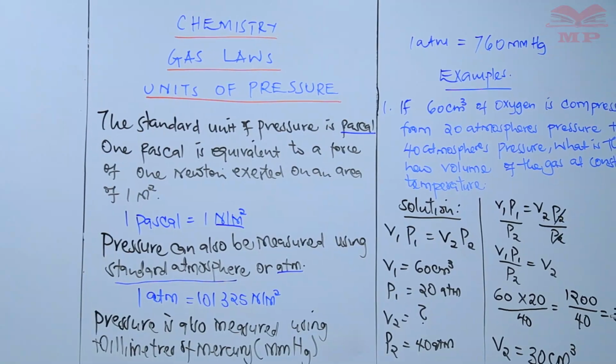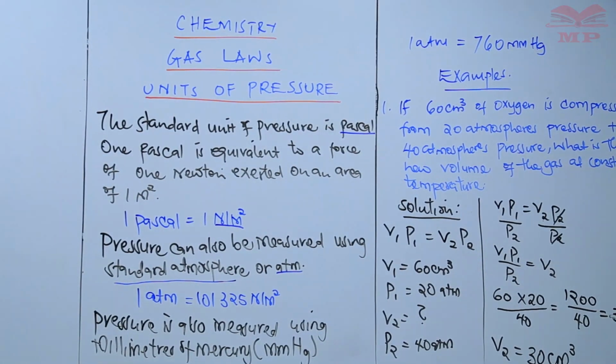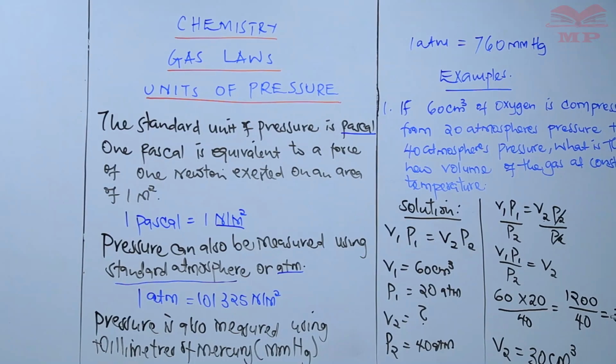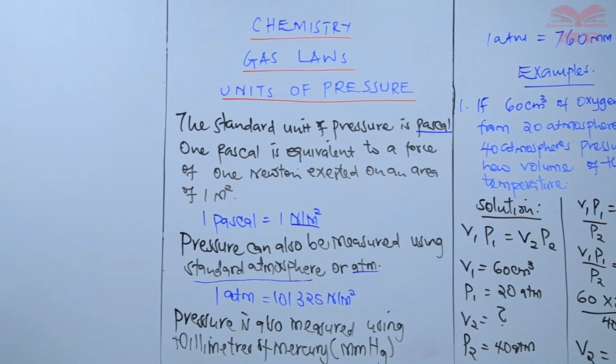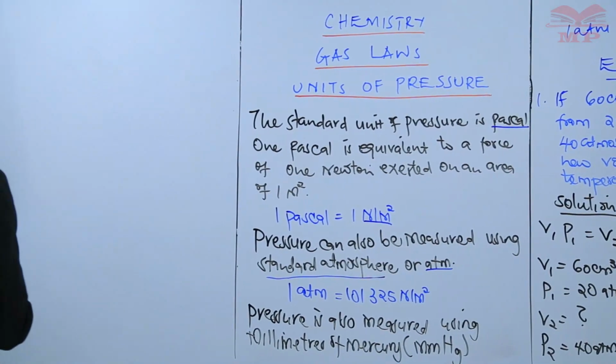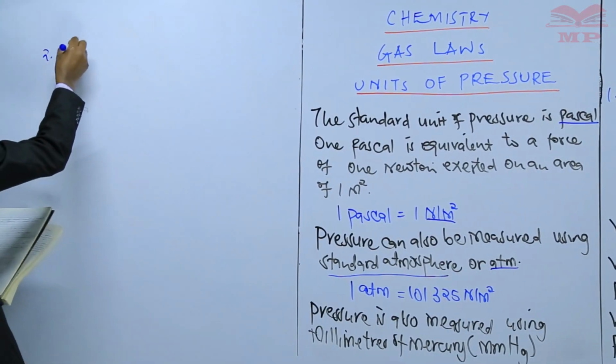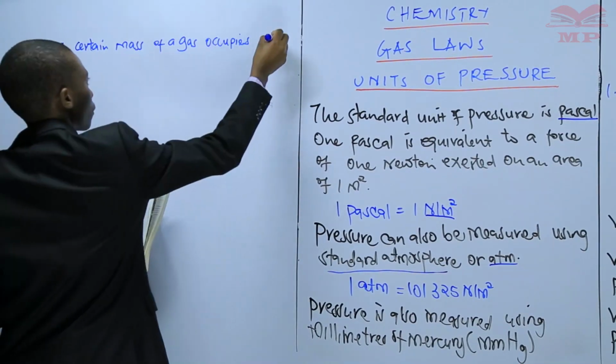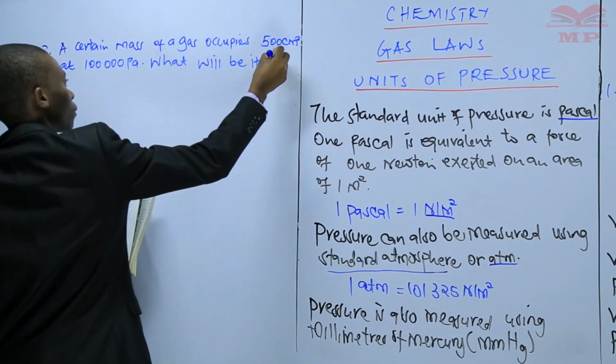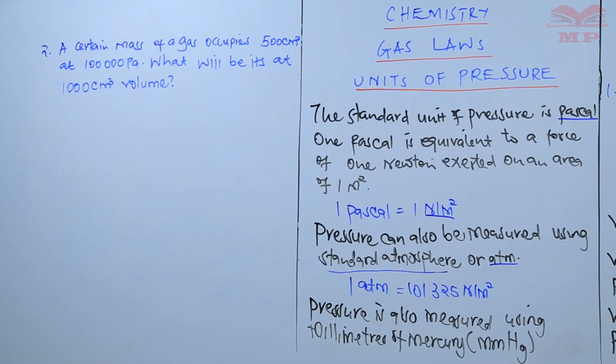The second example is: a certain mass of a gas occupies 500 centimeters cubed at 100,000 pascals.